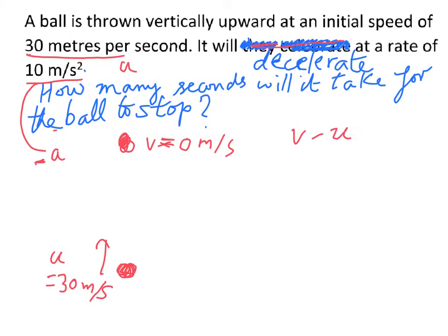v take away u divided by t gives you the acceleration. So in this case, v is 0, take away 30, that's the initial speed, divided by the time taken, we don't know the time, equals a, a being acceleration.